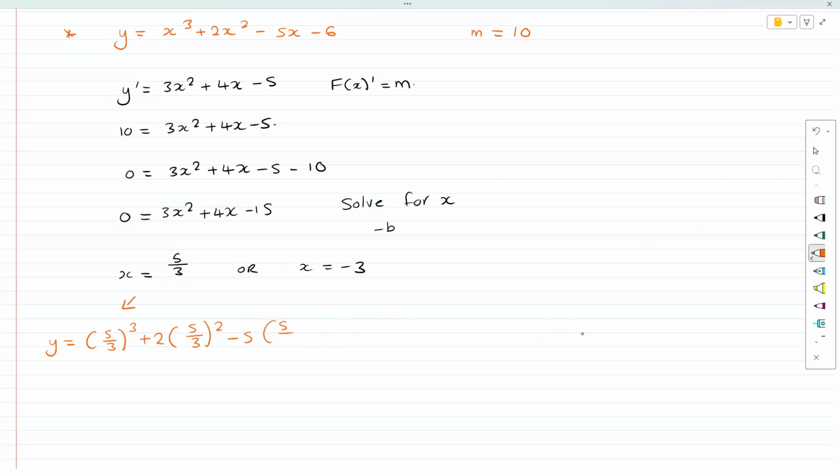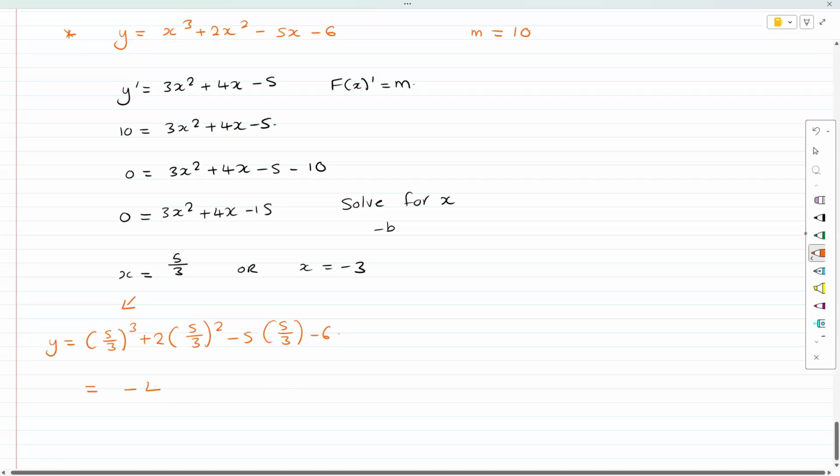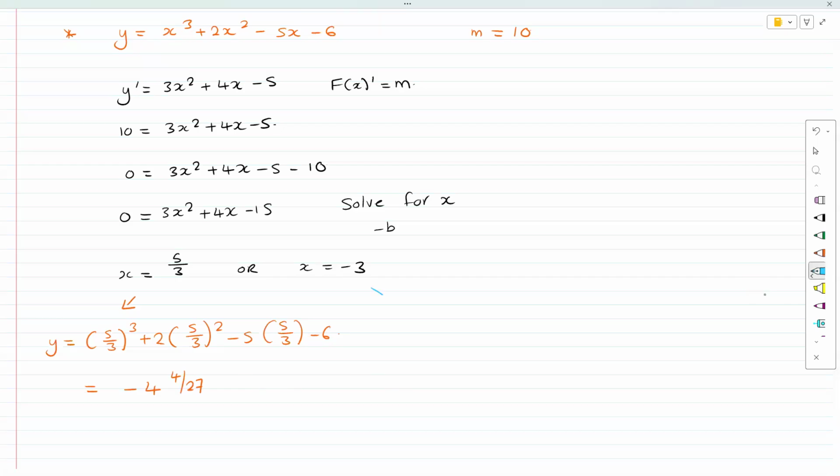Now it is quite simple. But please remember that you will get two x values and two y values. And this answer is minus 4 and 4 over 27. You might have a different answer. That's fine if you're not using mixed numbers. Don't panic when you get different answers in different formats.